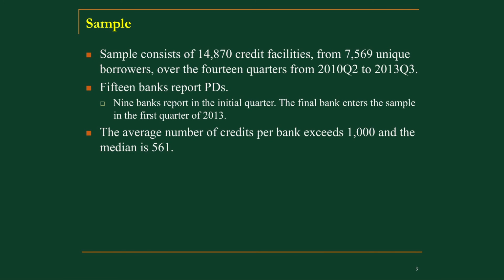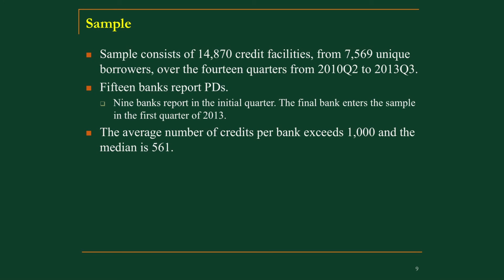Oops, too fast. So what is the sample? The sample is about 15,000 credits that come from about 7,500 borrowers over 14 quarters, from 2010 Q2 to 2013 Q3. There were a couple of quarters before that where they were already reporting, but the data was not very good, so we threw them out to be sure.